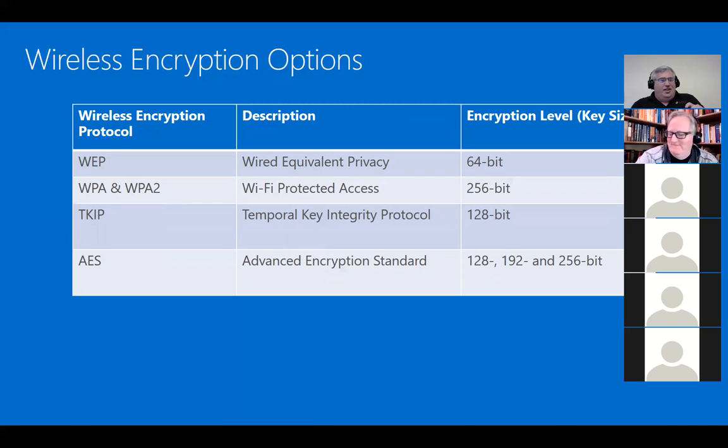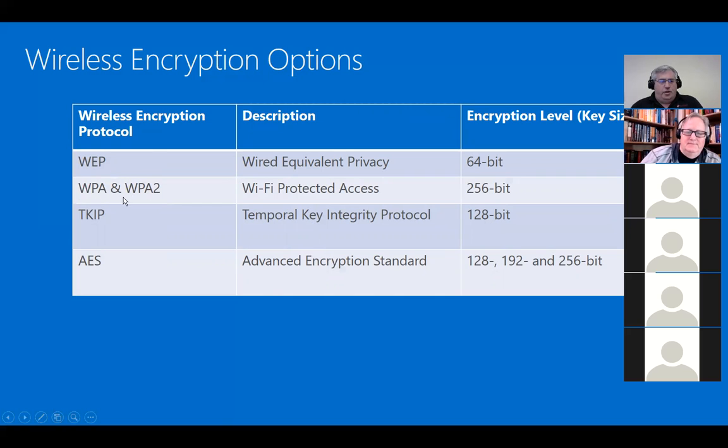And later on they go, wait, we need to secure this because people can listen to this stuff. So they've come up with different encryption options. WEP was the first one and is no longer used. It's been broken hard, it's real easy to break.